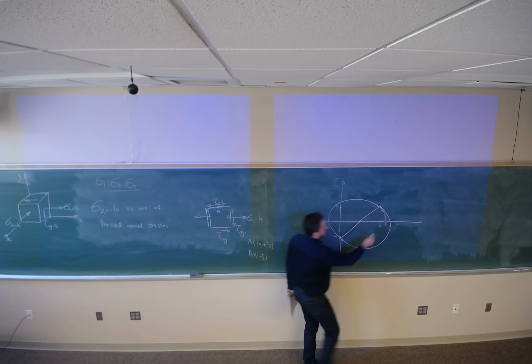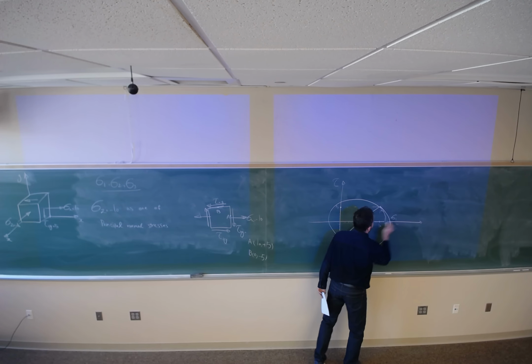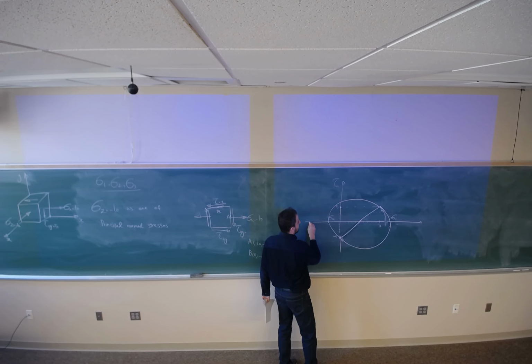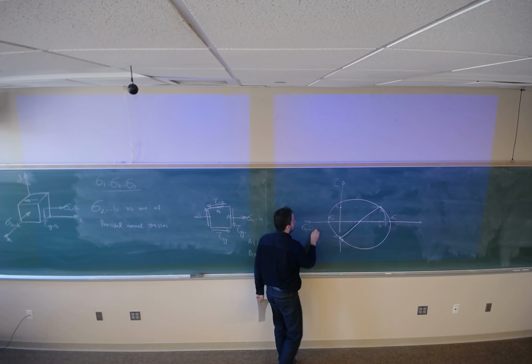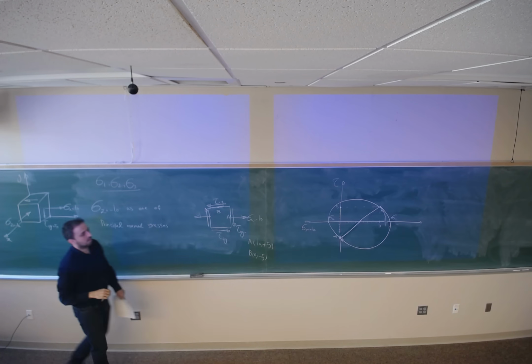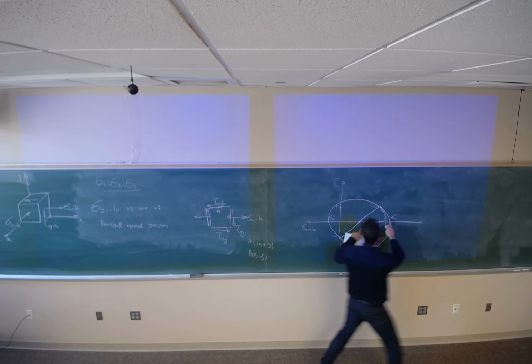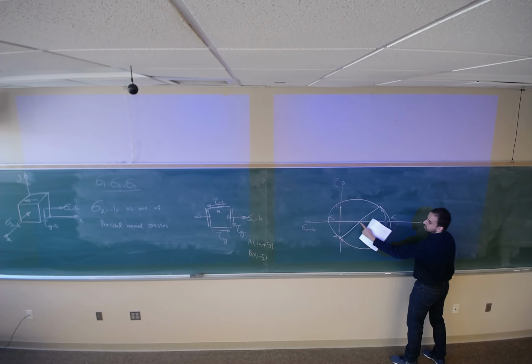This is gonna be sigma 1. This is gonna be sigma 2. And -10 somewhere here is gonna be sigma 3. What would be the value of sigma 1? It's gonna be center plus radius.